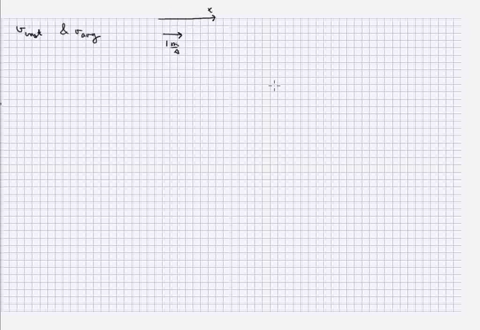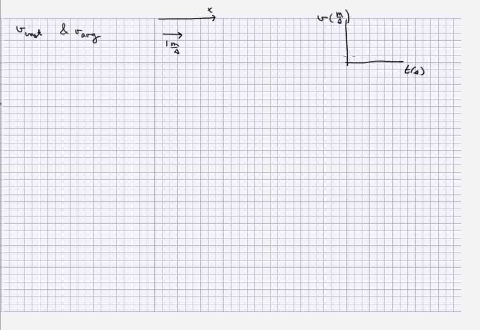So if that were true, then we could plot your velocity as a function of time. There's t in seconds, and here's v in meters per second.